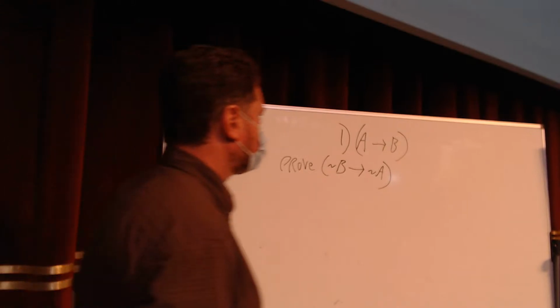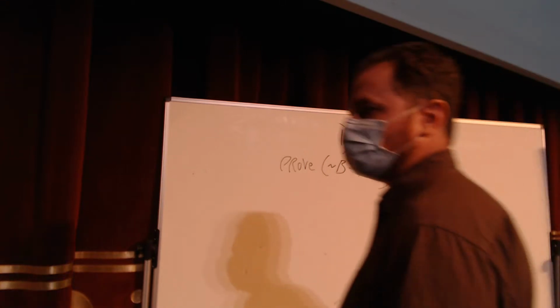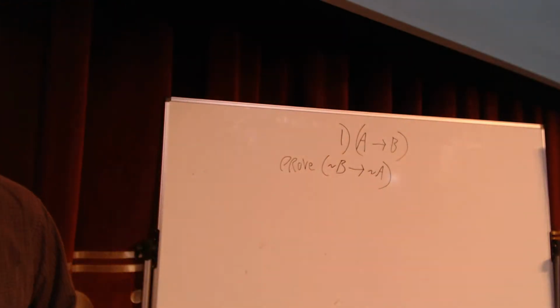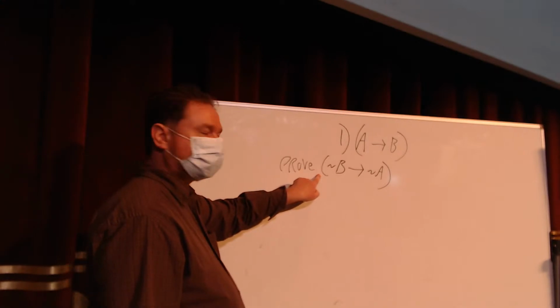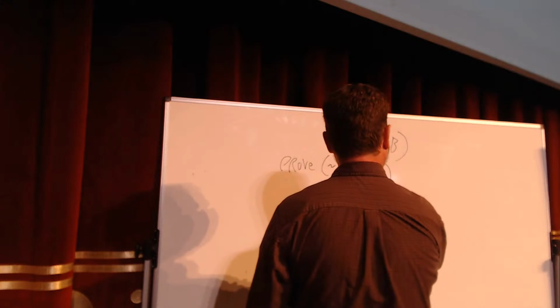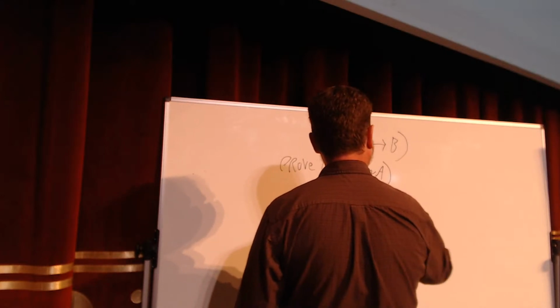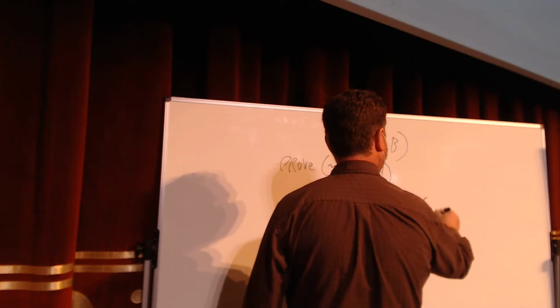All right. So what do we do first? Good. We want to assume the opposite of the conclusion. So the intended conclusion we want to prove is if not B, then not A. So for statement 2, we're going to assume it is not the case.